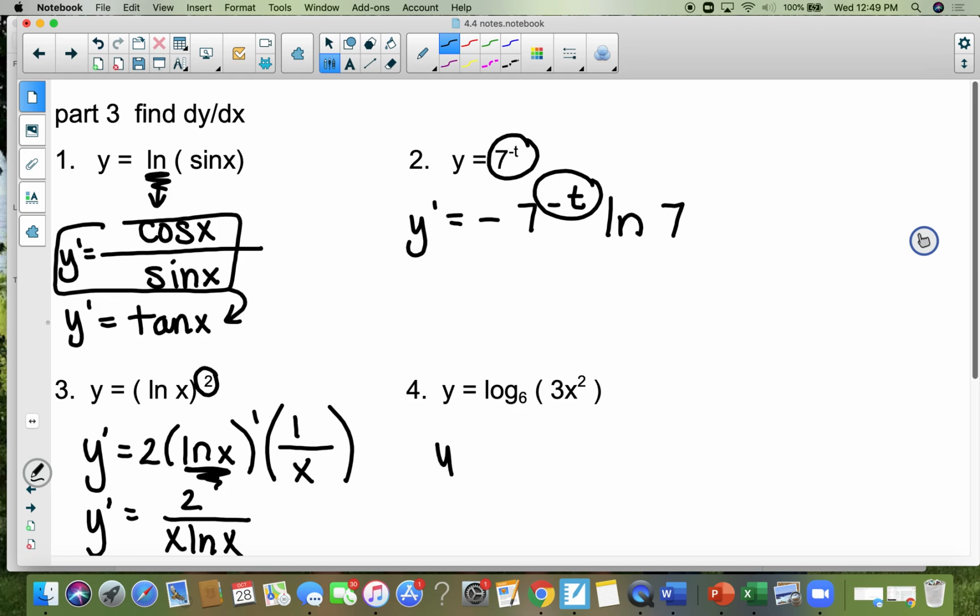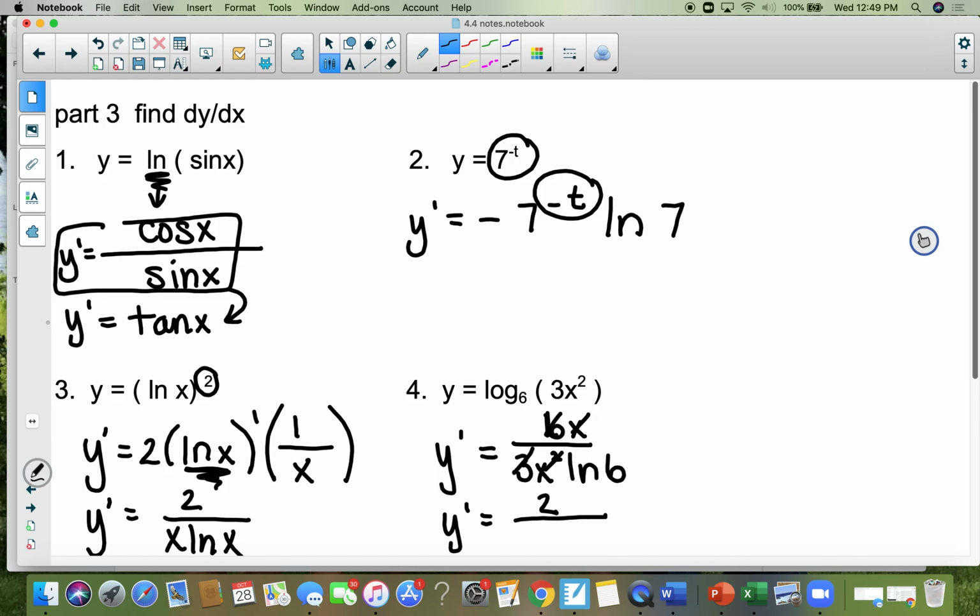Okay, y prime for this one. This is 1 over the u, 3x squared, natural log of 6, times the derivative of the u, which is 6x. So the book will have it simplified to, there'll be a 2 on the top because 3 goes into 6, 2.